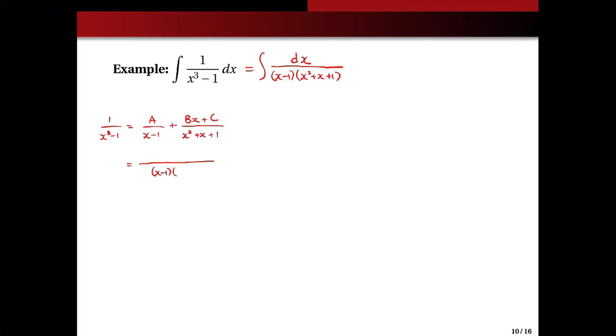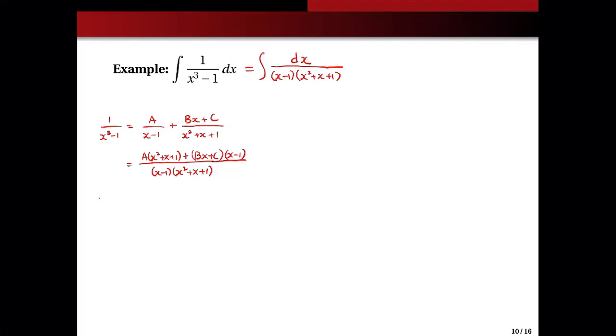The denominator will be x minus 1 times x squared plus x plus 1. For the numerator, we'll have a times x squared plus x plus 1, plus bx plus c times x minus 1. So very similar process. We just compare the numerators.